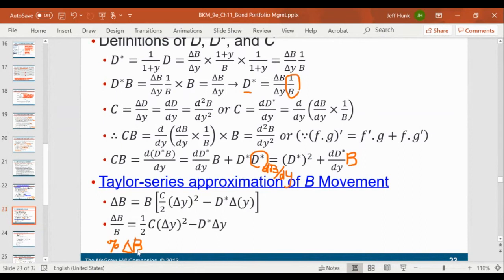I mean, that's the percentage change in bond price, but this is in dollars. This is a dollar change in bond price, and this is the percentage change in bond price.